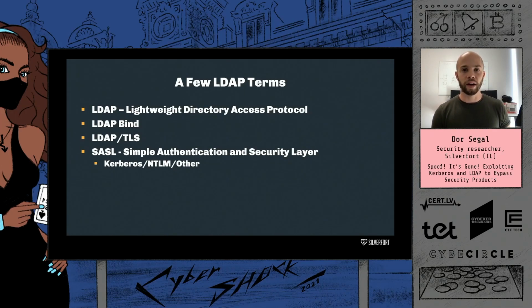We can communicate LDAP traffic over TLS securely. The LDAP bind was originally a simple plain text password. Later on, SASL, the Simple Authentication and Security Layer, came on, providing the ability to perform Kerberos, NTLM, and other SSO protocols in order to perform the LDAP bind.